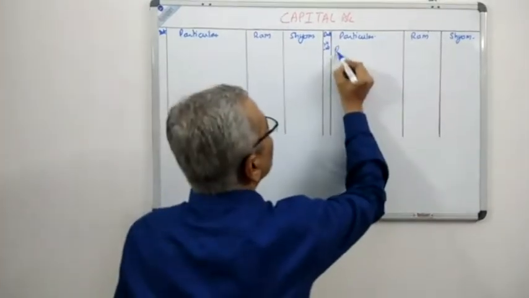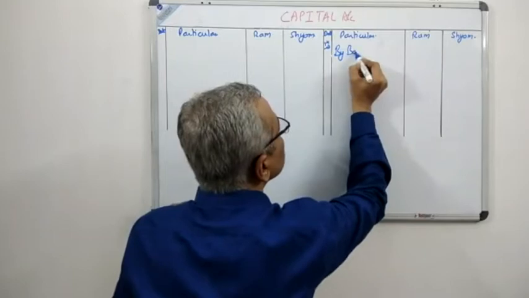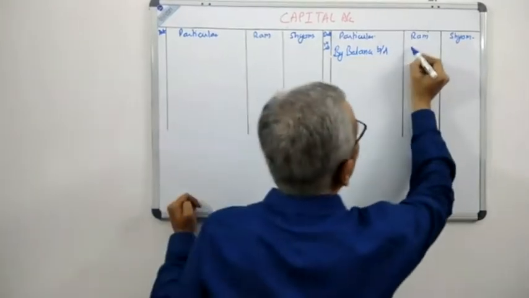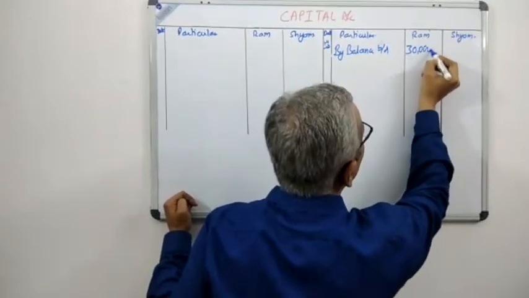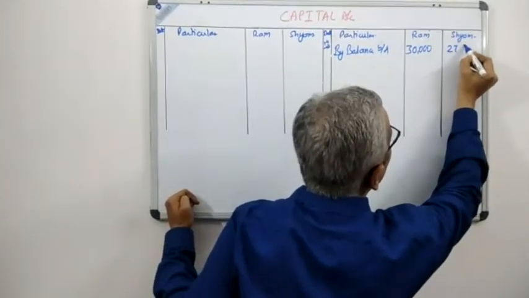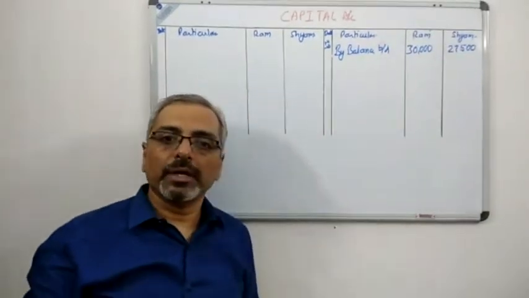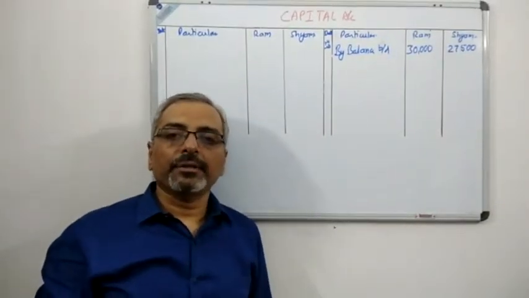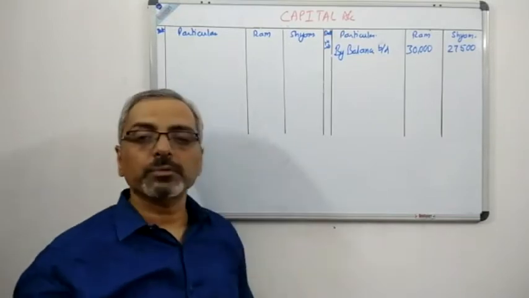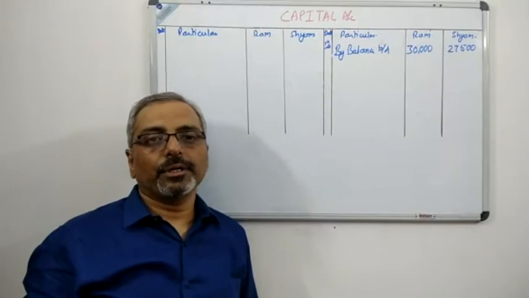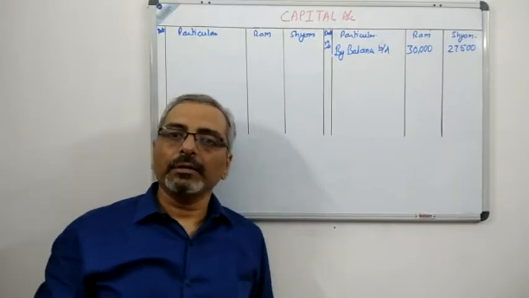I will start with the capital transfer by balance brought down, and if you remember, Ram it was 30,000 and Shyam 27,500. This is the first transfer entry which we have done. The second entry and the third entry are the entries which we had done earlier. If you remember, the journal entries which I had done, internal journal entries for reserve and the profit and loss.